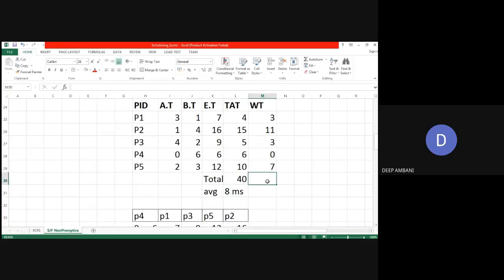Okay. All right. Two sums for homework. Take a screenshot. This is your homework number 1, SJF non-preemptive.